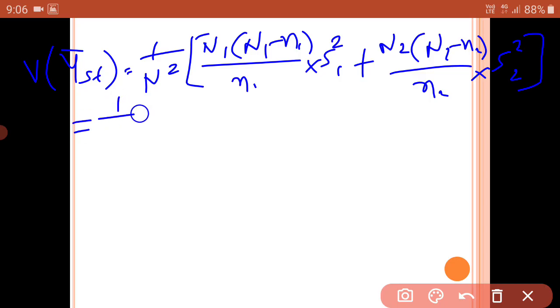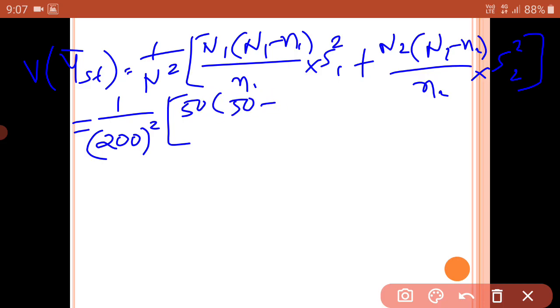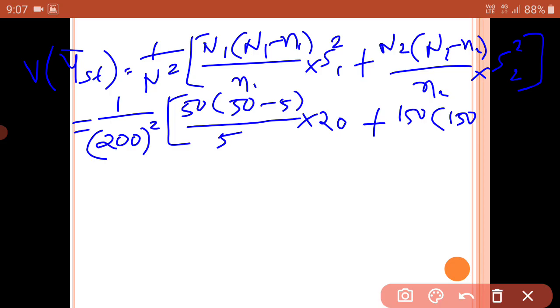Here capital N is capital N1 plus capital N2, which is 50 plus 150, so capital N is 200. Then 1 upon 200 square into the bracket 50 into 50 minus 5 upon 5 into 20, plus 150 into 150 minus 15 upon 15 into 25.